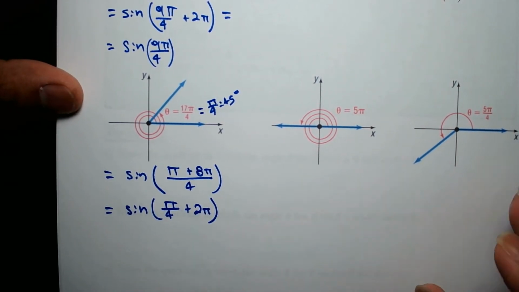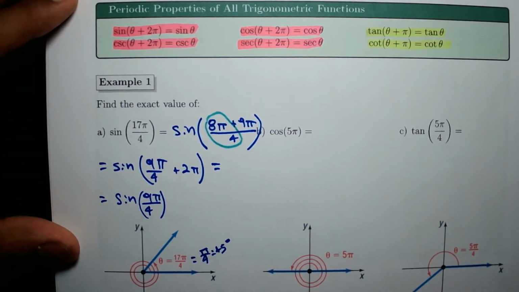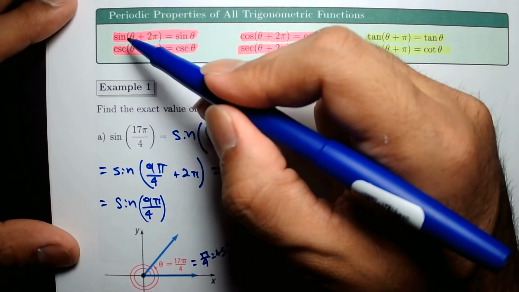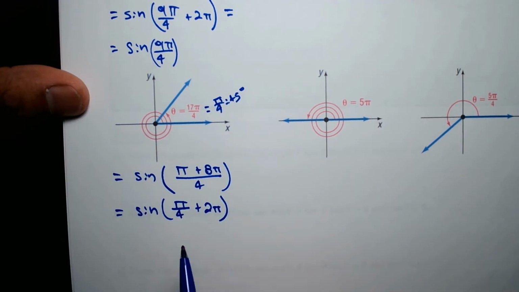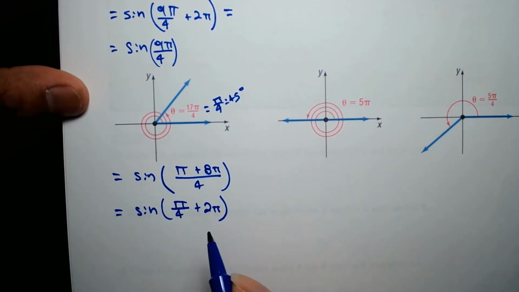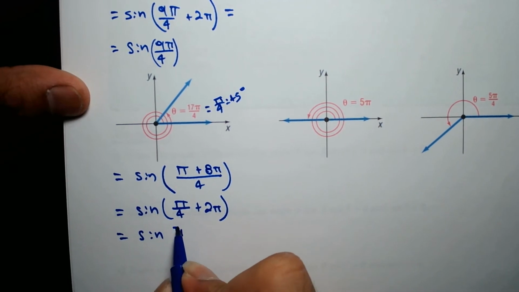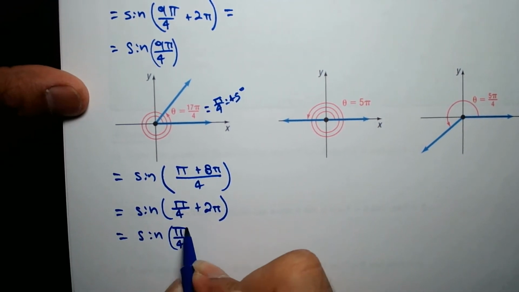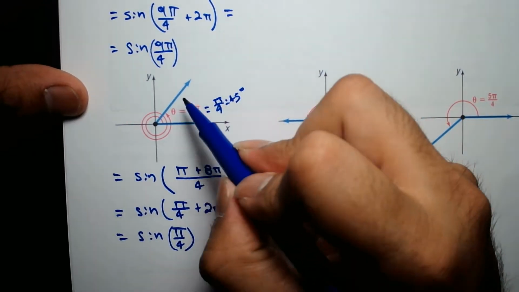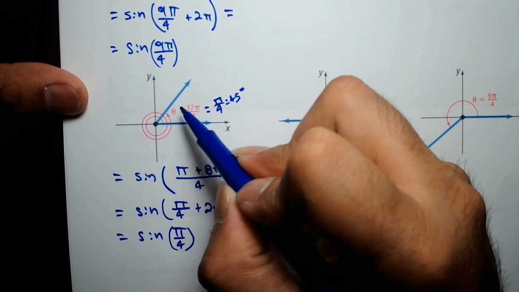Alright, and again, comparing forms, 2 pi and theta. So in this case, sine of pi over 4. The 2 pi disappears.